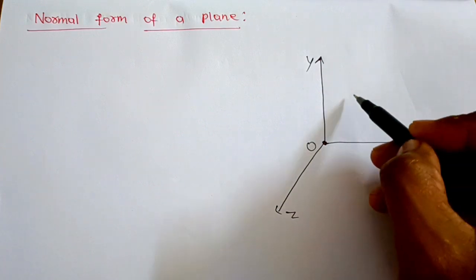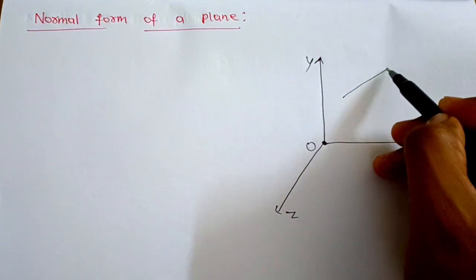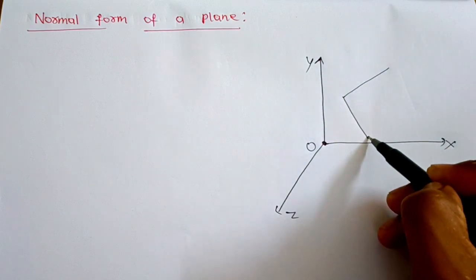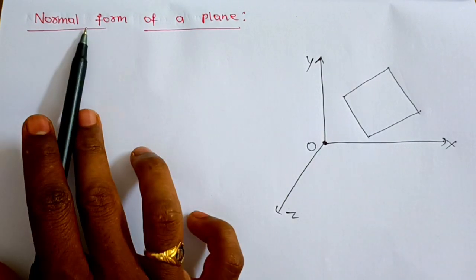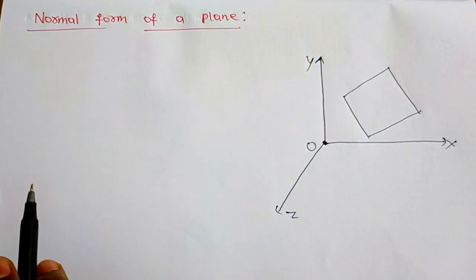So here we can consider any plane. For example, this is a plane. Here we need to find the normal form of a plane.